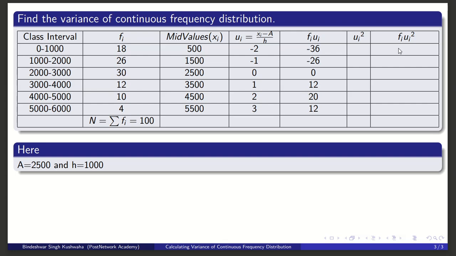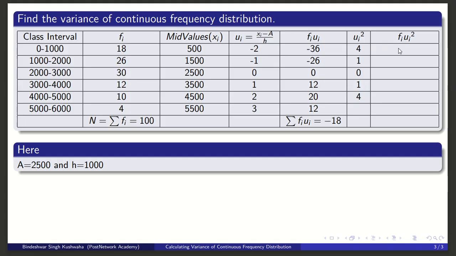And other values you can calculate on the same pattern. Now just square all the values of ui, so you will get ui square. So 4, 1, 0, 1, 2 square is 4, 3 square is 9, and this last column fi into square of ui's.